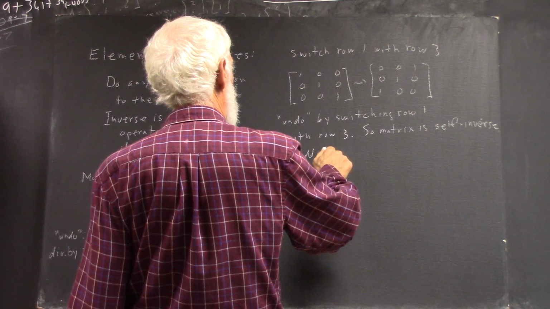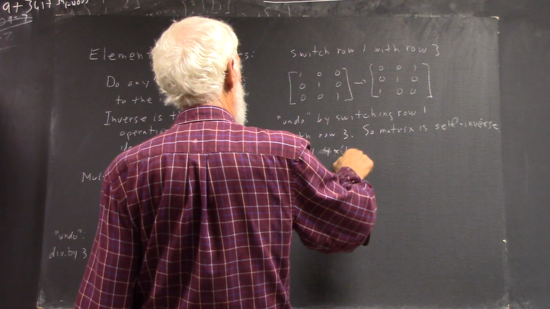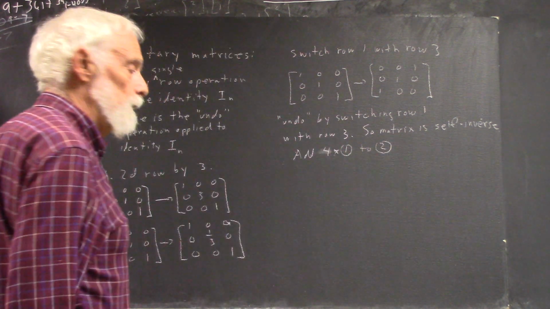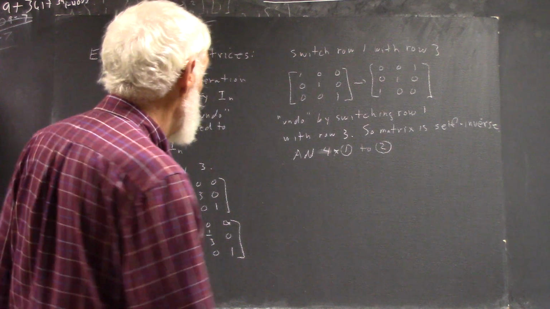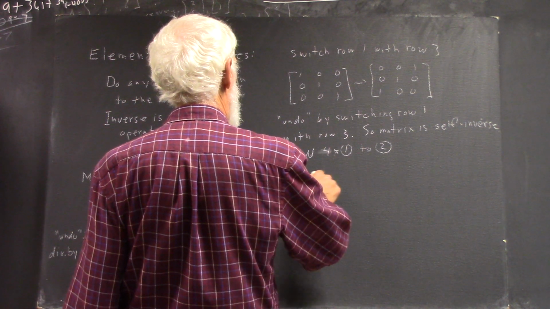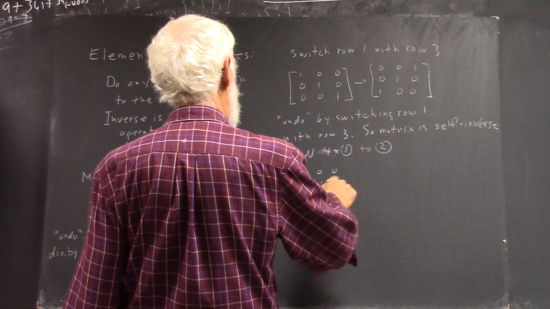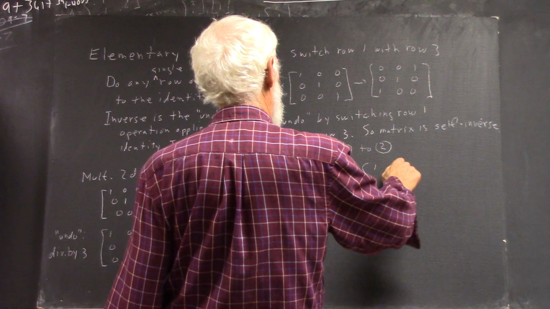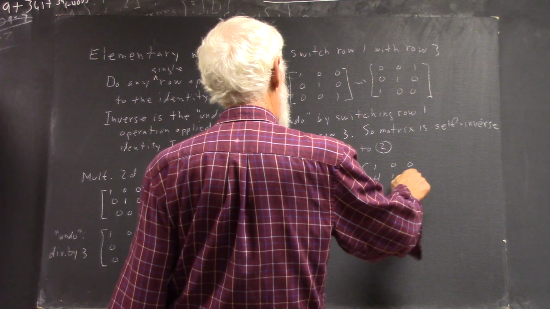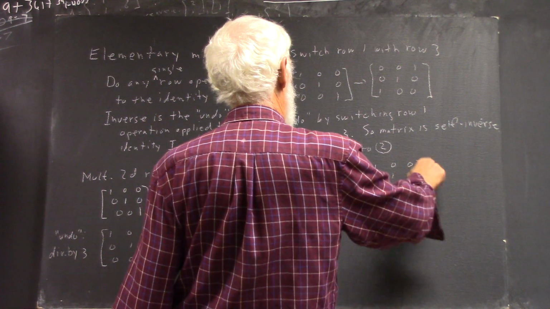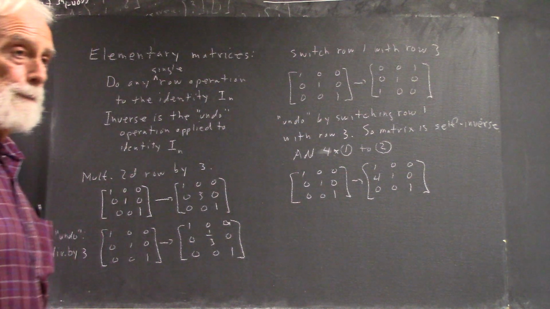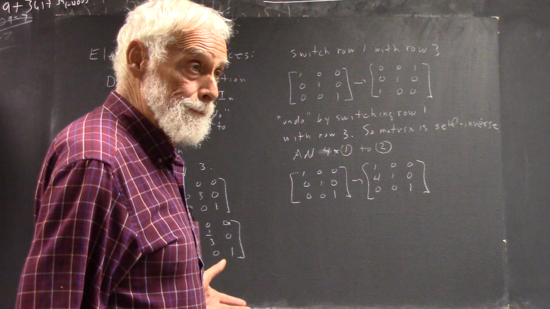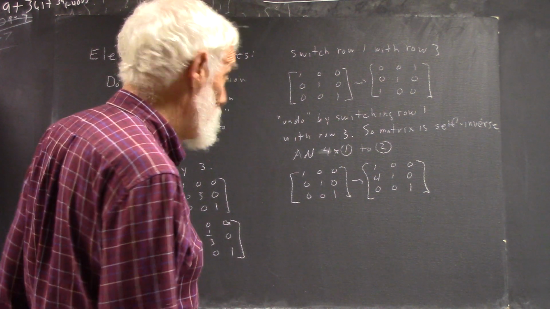Let's add 4 times row 1 to row 2. Okay? Then you get this, right? So that's a third type of elementary matrix. Okay?